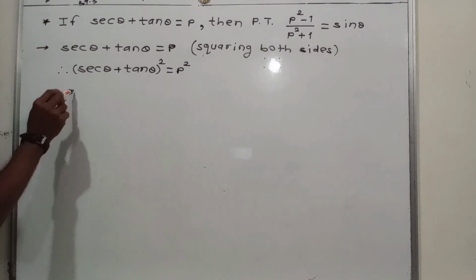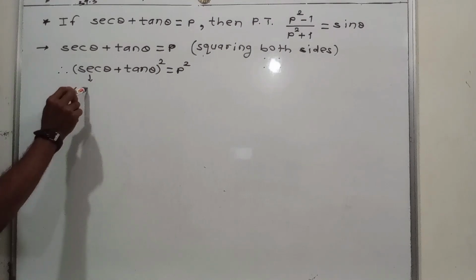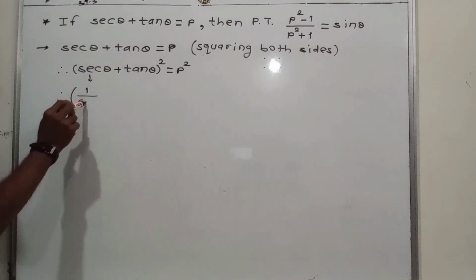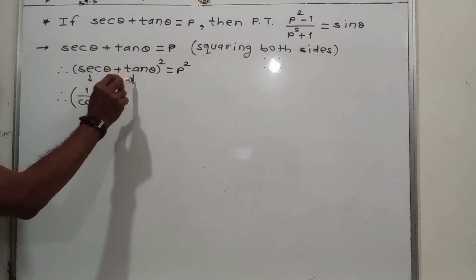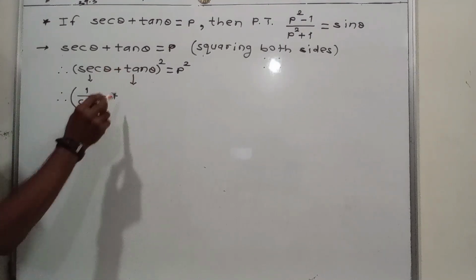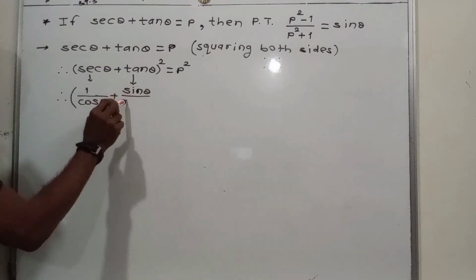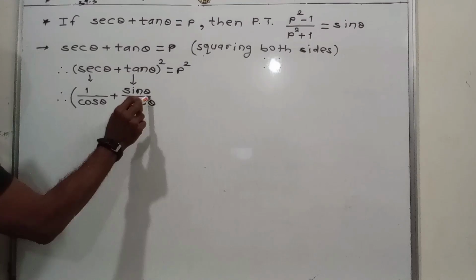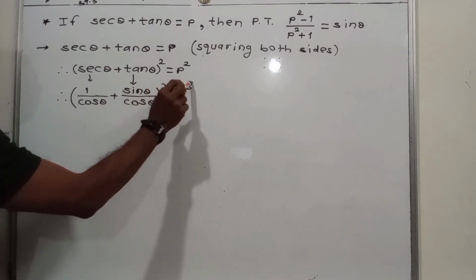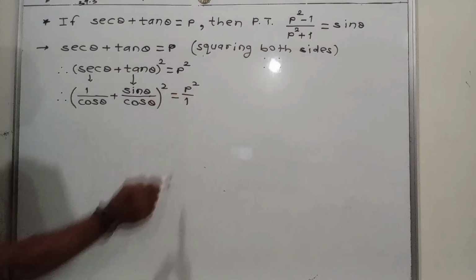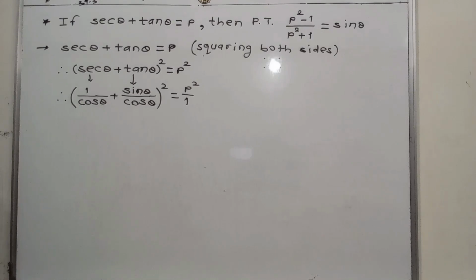Then we use formula for sec theta 1 upon cos theta plus formula for tan sin theta upon cos theta bracket square is equal to p square upon 1 denominator, because here fraction, so here also fraction.